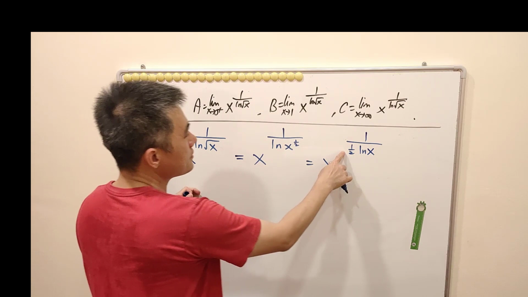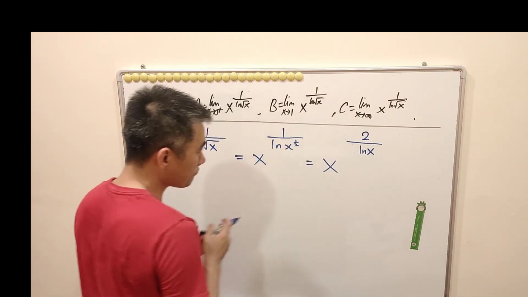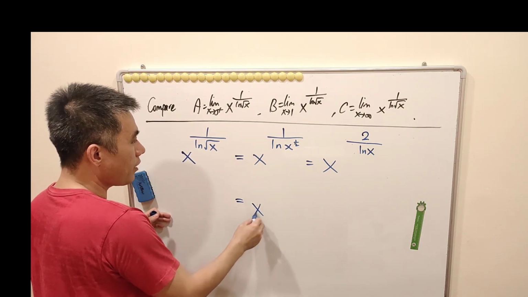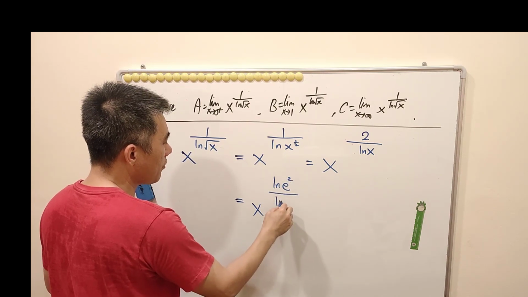And we know that this half is actually a 2 here. Therefore, this is x to the power of log e squared over log x.